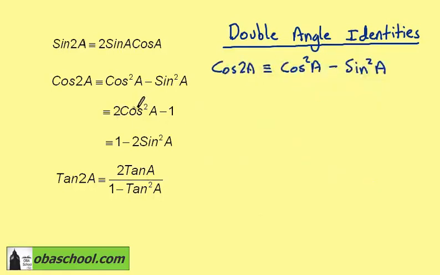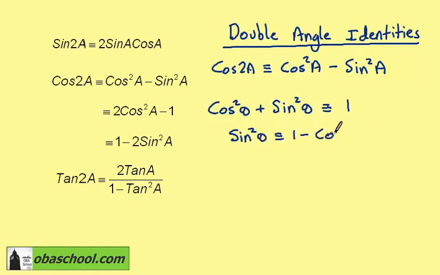We can use this to get the second version. Here we use the Pythagorean identity, cos squared theta plus sine squared theta is identical to 1. This can be rearranged to give us that sine squared theta is identical to 1 minus cos squared theta. We use this to substitute here.